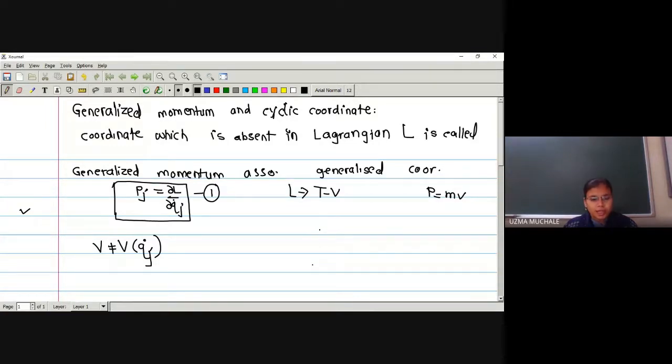When would it be a function of generalized velocity? If there is a change in the velocity, then only there will be an acceleration. In the case of a conservative system, there will not be any change in the velocity. So hence we can say the potential energy is not a function of generalized velocity.